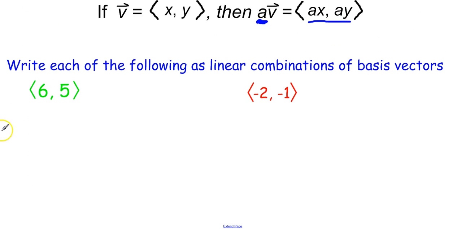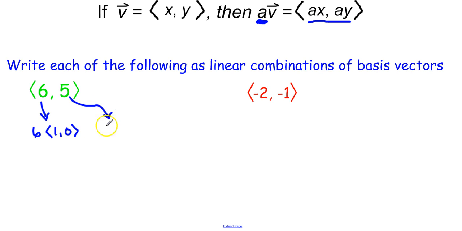So if we want to write each of the following as a linear combination of basis vectors, what we're going to do is split it up into the x component and the y component. So here we know that the scalar is going to be 6, and if I take that 6 and multiply it by what we call I, or this vector 1, 0, that's going to give us the 6, the x component, which happens to be 6 in this particular case.